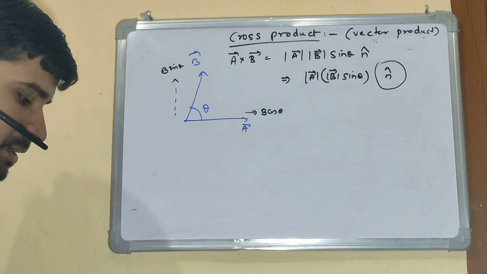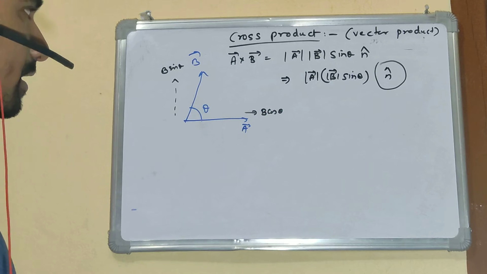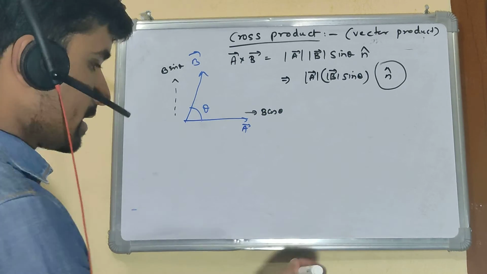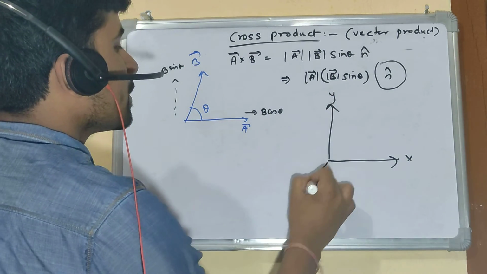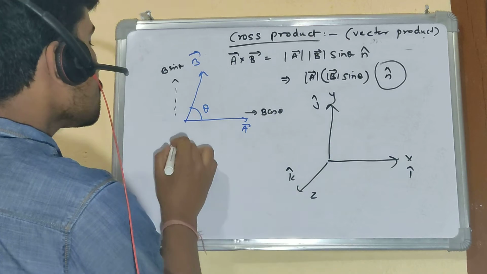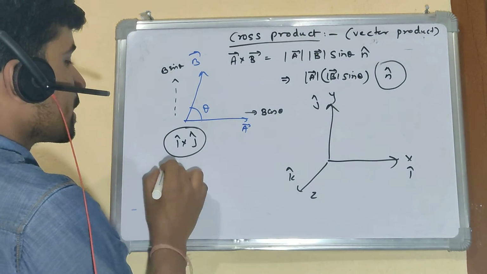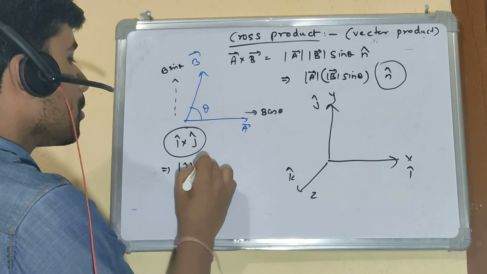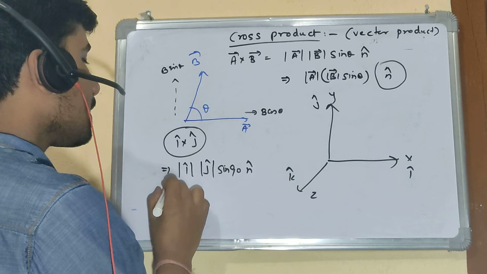Okay, clear? So let's understand by a simple example. Let's say we have a coordinate system x, y, z. This is i cap, this is j cap, this is k cap. So what is i cross j? This is mod of i, mod of j, sine of the angle, sine 90, and n cap, right?